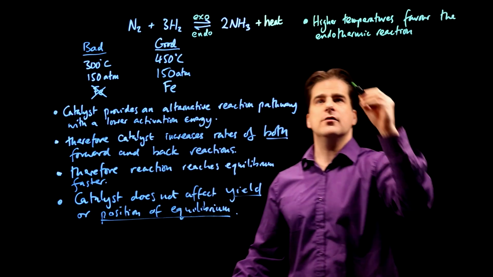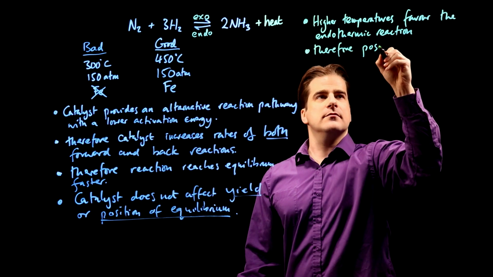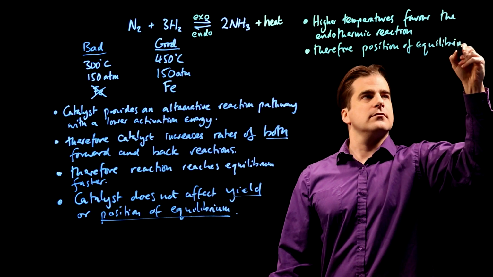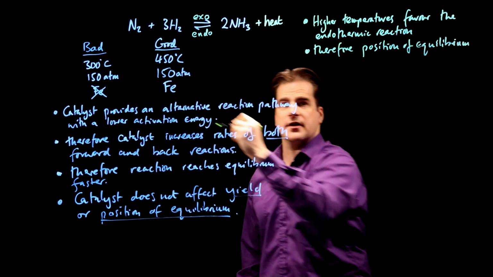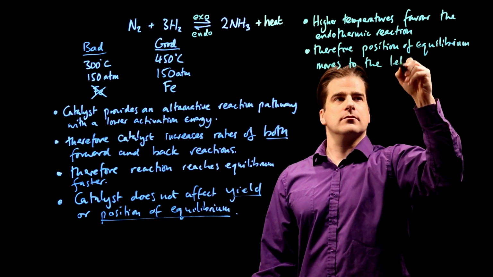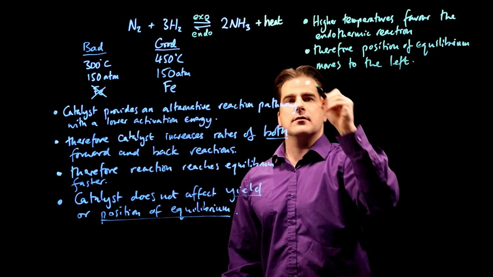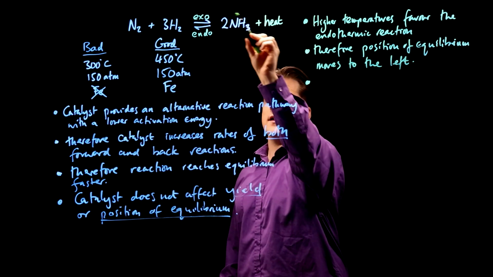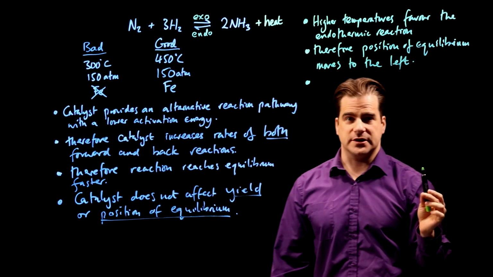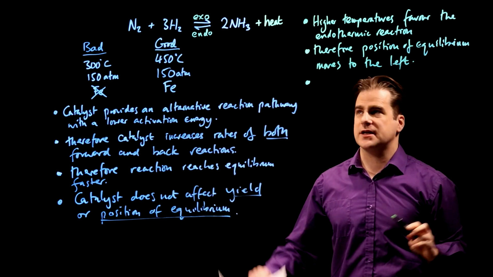Therefore, the position of equilibrium moves to the left. Okay? Now, we're trying to make this stuff. We want ammonia. But we've just done it at a higher temperature and pushed the reaction in the wrong direction, okay?